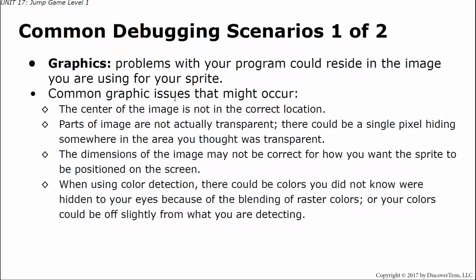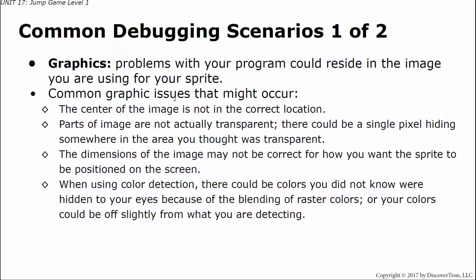Graphic problems, okay? Part of your program could have a lot of issues because the graphics, there could be certain colors, especially what we've been doing with these more entry-level programs. We've been looking for color detections to initiate our collisions. Okay, so those color detections could cause a severe problem because some sprites you're using have embedded pixels in them that might have an RGB value that matches up with the RGB value of the color that you're trying to detect for the collision.